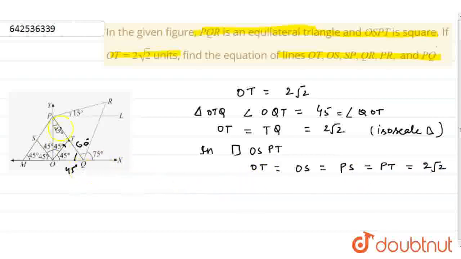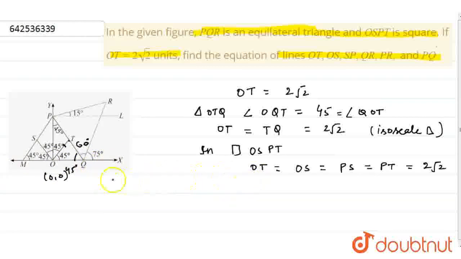Now from this geometry we have to find out the coordinates, because we have to calculate the line equation. So we consider this O is at the origin, so let it be at 0, 0, and this is the positive side, and suppose this is the negative side, right? So now we have to find out the coordinate of Q, right?